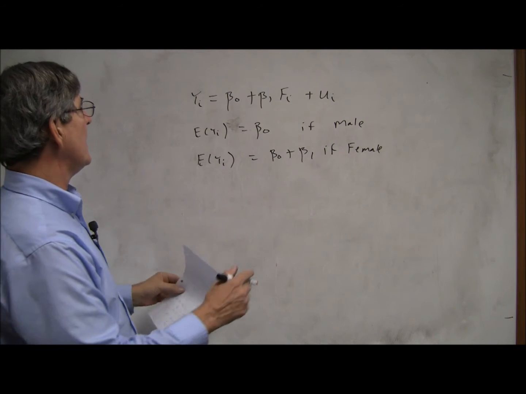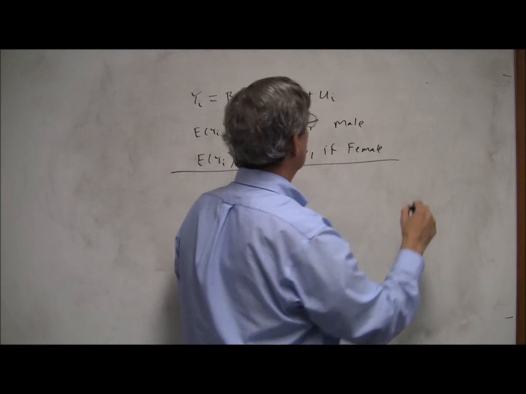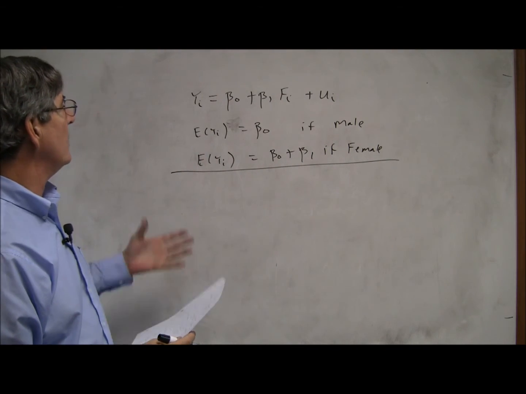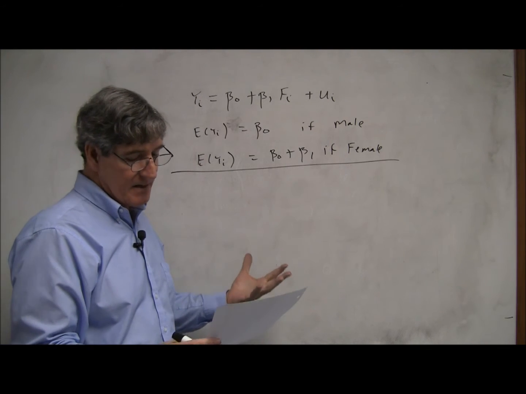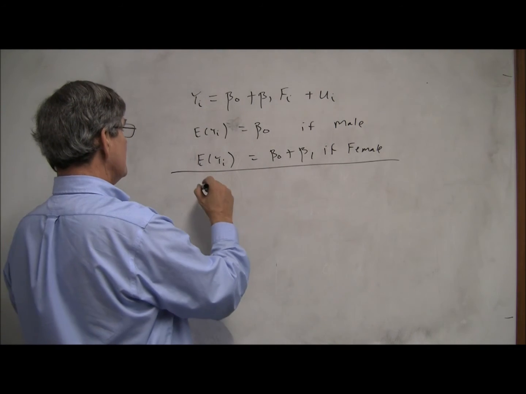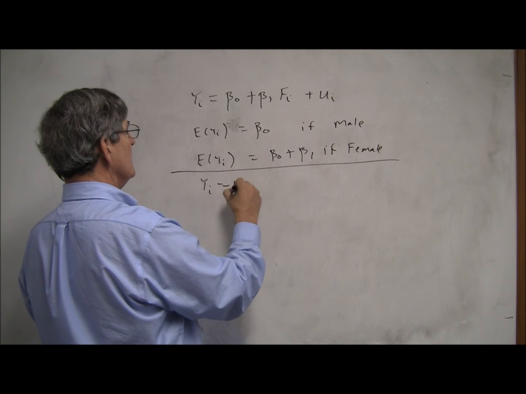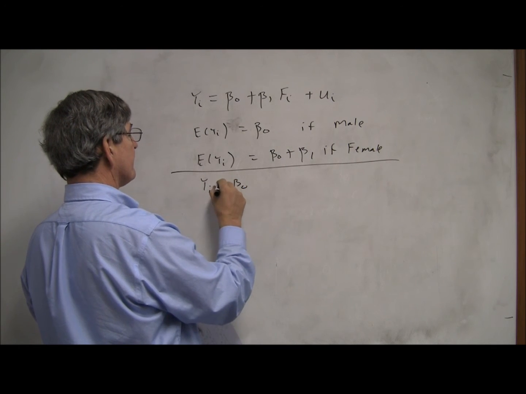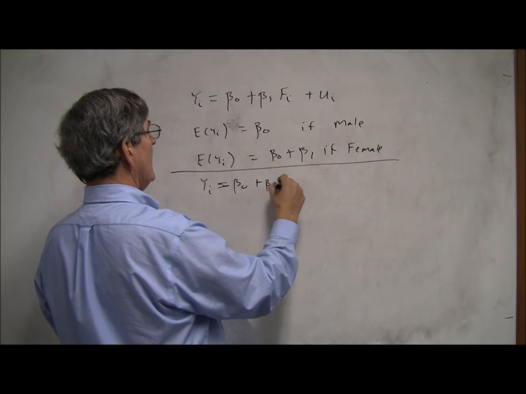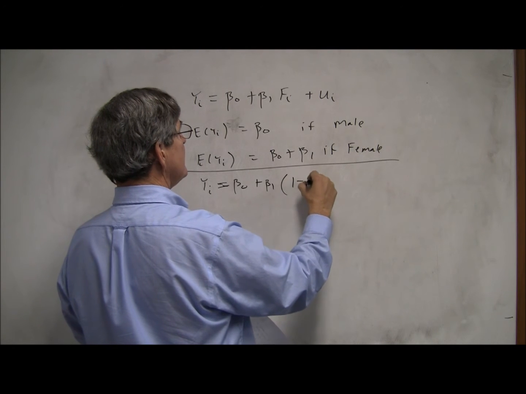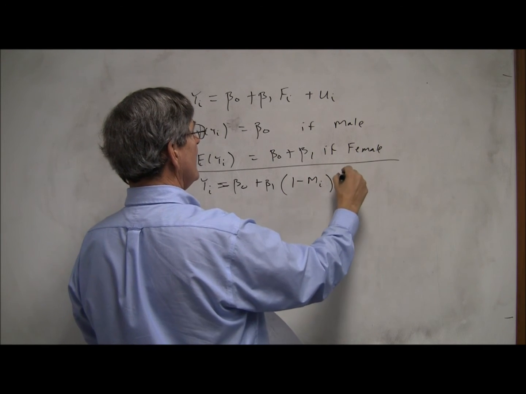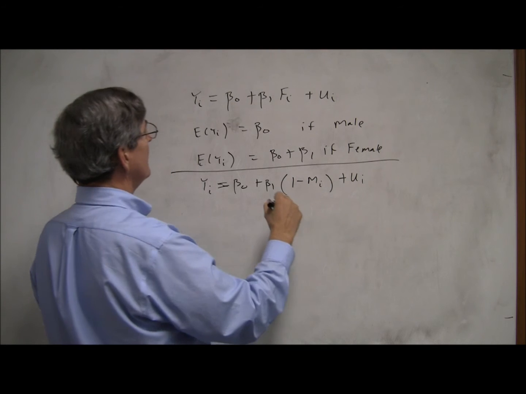Now you might think, okay, well, what if I put mi in there? Wouldn't I get different estimates? And the answer is no. Because what you can do is say yi equals beta 0 plus beta 1 times 1 minus mi, because that's what fi equals, plus ui, right?